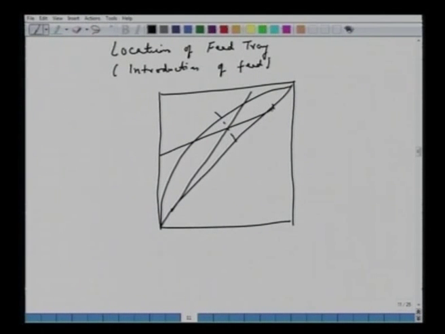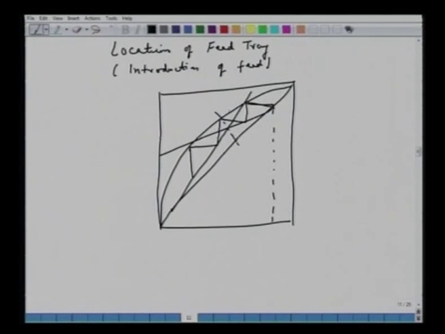So to draw the stages, again we start from xt, the top distillate composition. So we go to this equilibrium curve, we come down to this operating line, the top plate of the top column, then we cross to this. Okay. So once we cross this Q line, then we are supposed to switch over to this second operating line, the operating line for the stripping section.